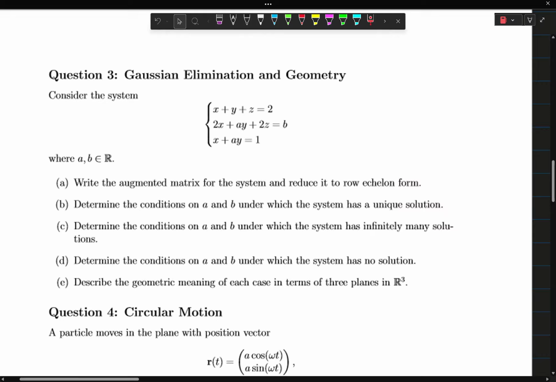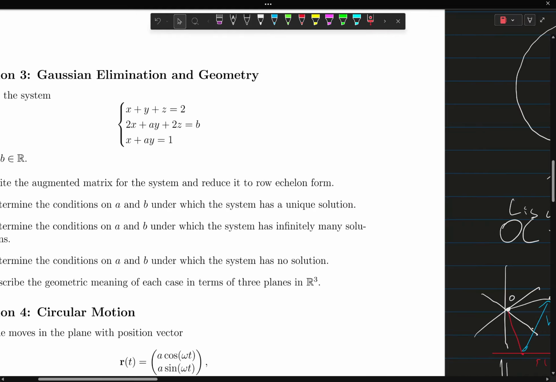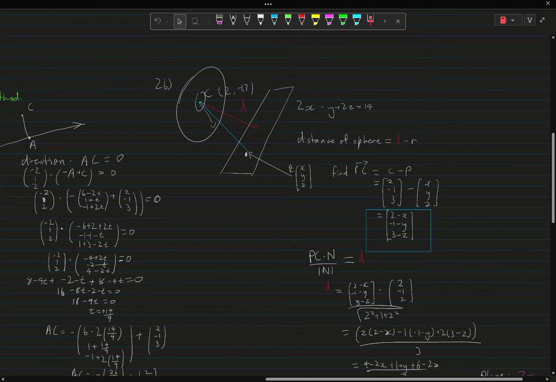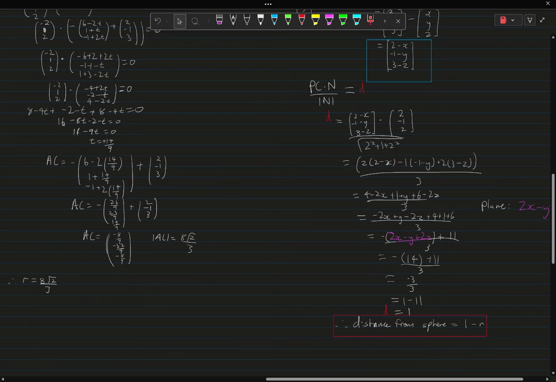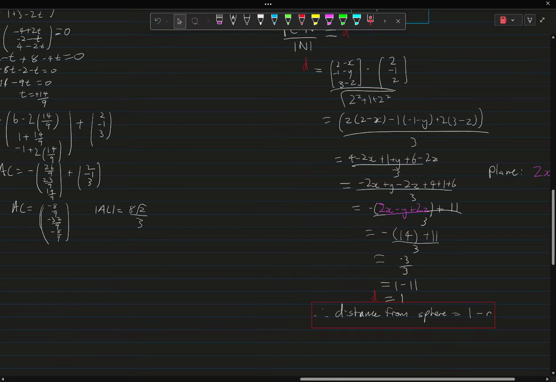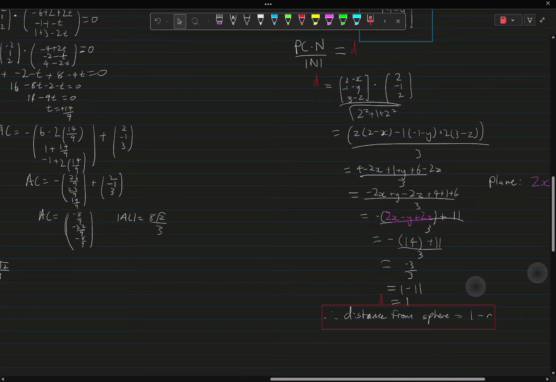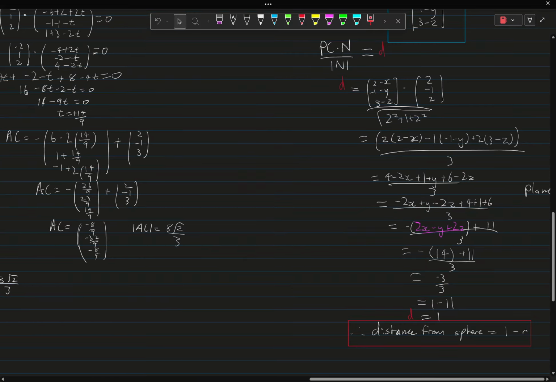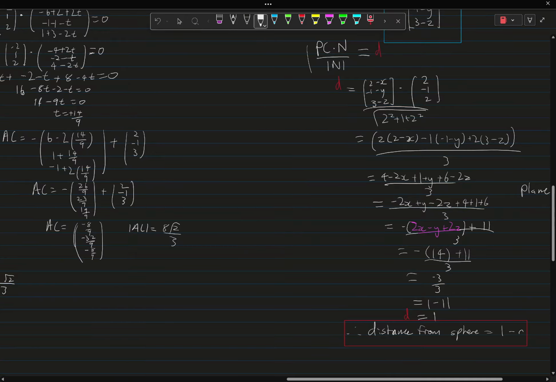D is the way we solve for D. We found it as negative 1, but because it's a distance, we just take the magnitude of it. There should be a big magnitude thing here.